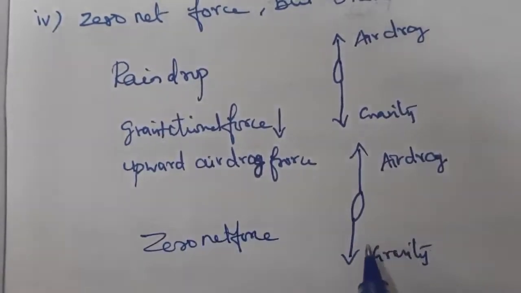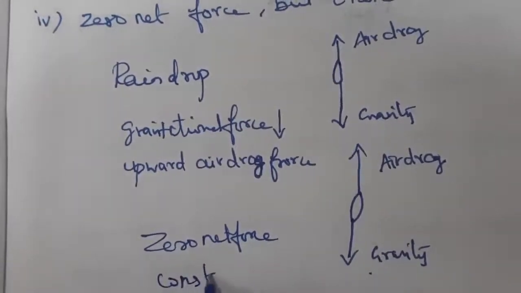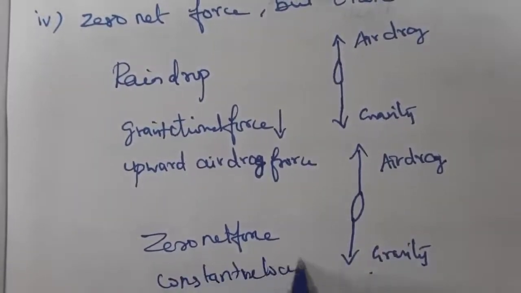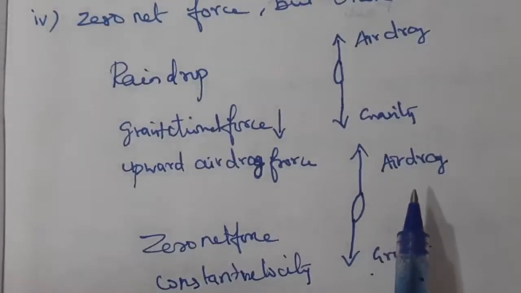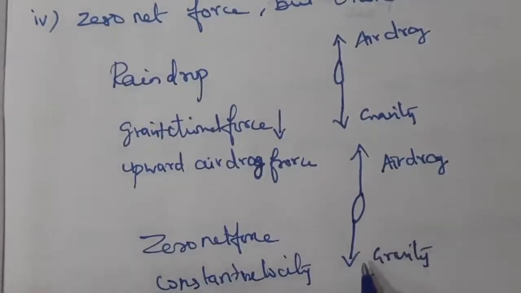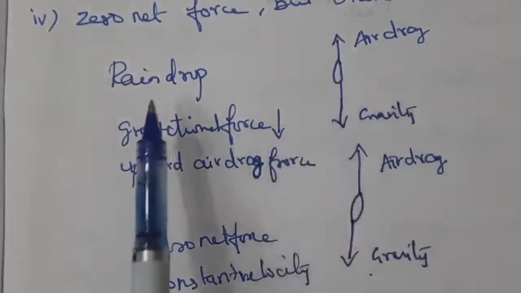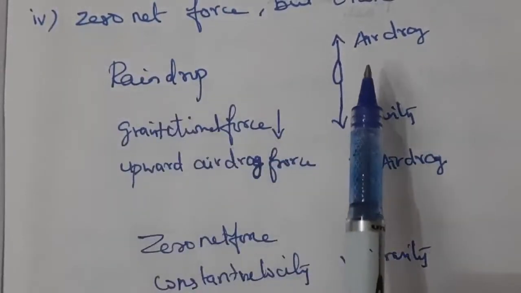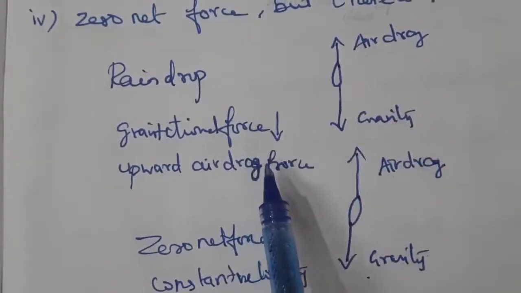But this raindrop moves with a constant velocity. Hence a raindrop comes with a zero net force, therefore with zero acceleration, but with a non-zero terminal velocity. This is case 4, that is zero net force, but there is motion. For example, the raindrop coming from the cloud experiences two forces, gravitational force and upward air drag force.